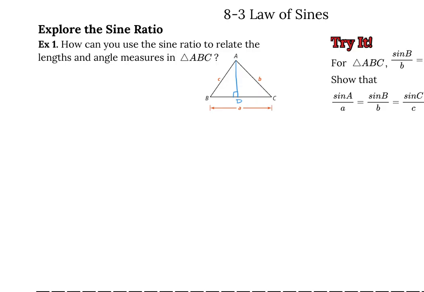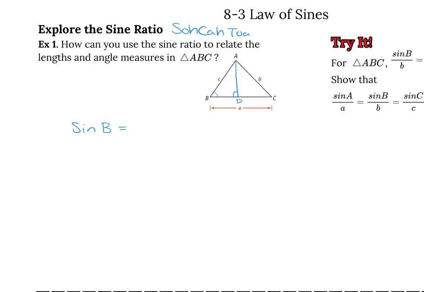So we're first going to look at sine of B. Again, we can do our SOHCAHTOA. Sine of B is opposite over hypotenuse.